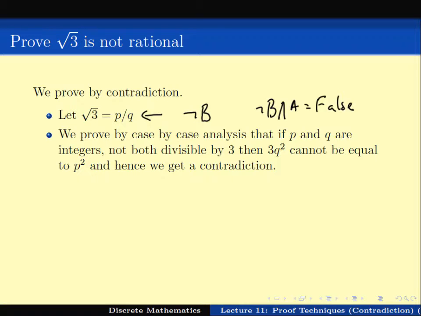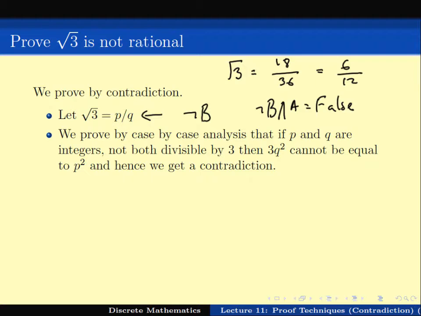It's like if by chance square root 3 is equal to 18 by 36, I could divide by 3 and get down to 6 by 12 or something like that.